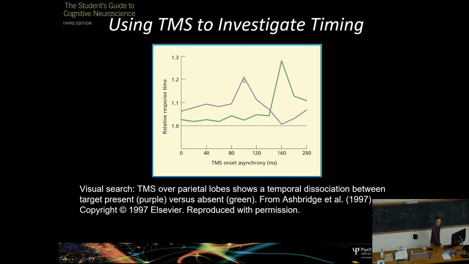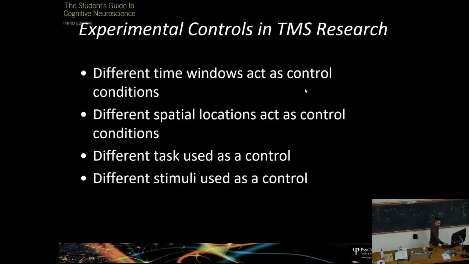So this will disrupt your performance to find something that is there, and this will disrupt your performance to say that something isn't there when it isn't there. So in one case you're finding something that is there, and in the other you're confirming that something isn't there. But either way, you can show that this part of the brain isn't just important, it's important at this particular point in time. Okay? So this would be your kind of baseline here. So presumably these lines are the baseline, and these are when that reaches.